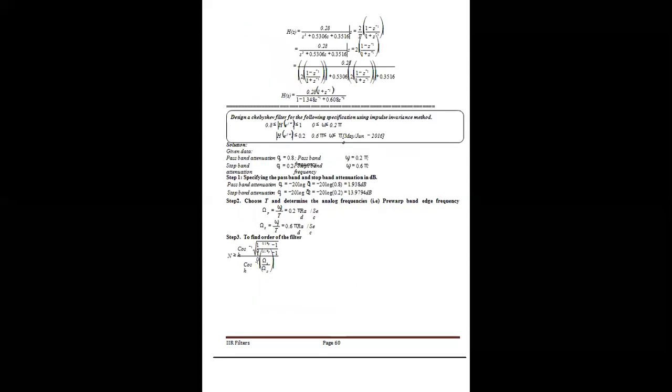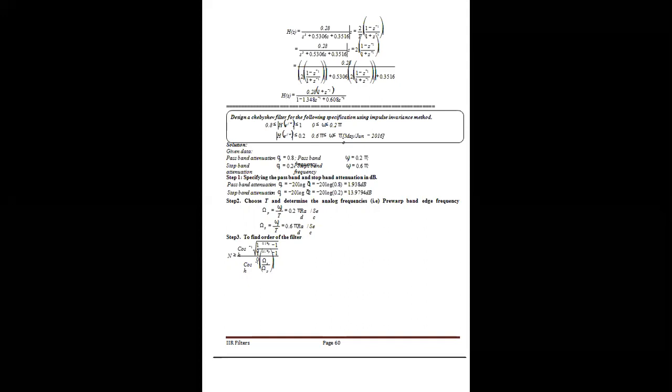So substitute that, then do the cross multiplication and simplify your expression. For the final expression, H of z is equivalent to 0.28 (1 plus z^-1) divided by 1 minus 1.348 z^-1 plus 0.608 z^-2.